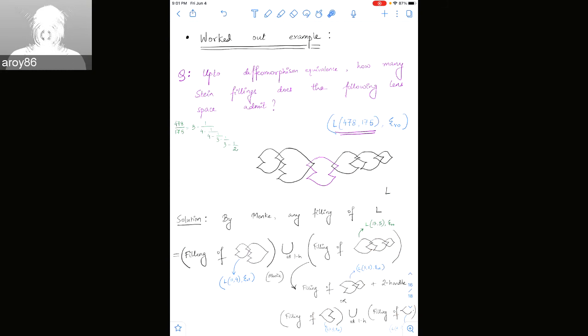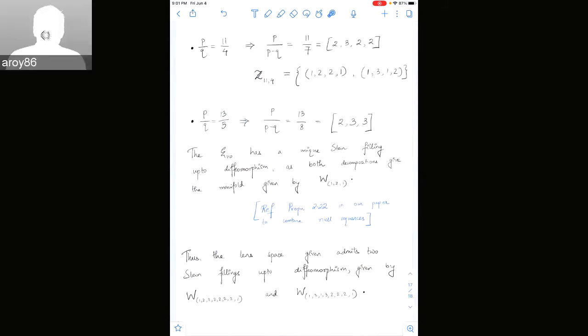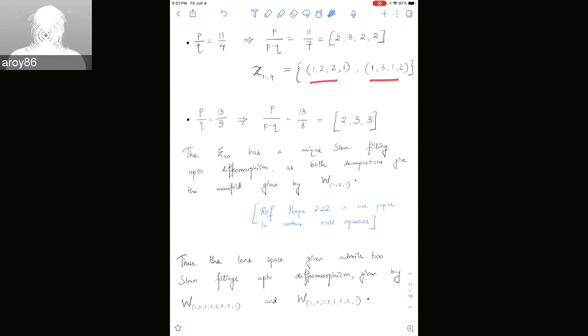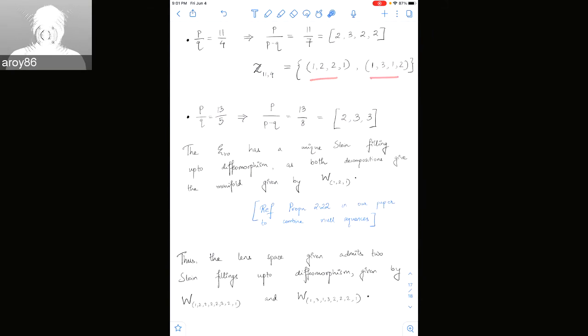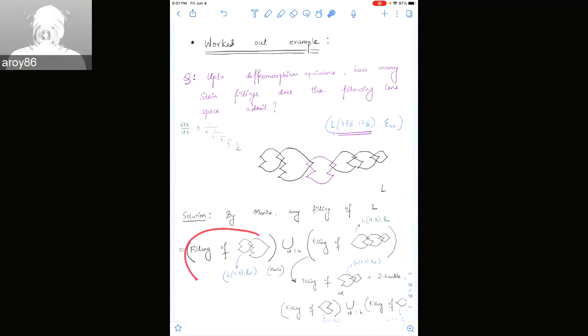A brief description is the following. If you have p over q equals 11 over 4, then the p over p minus q continued fraction expansion is 2322. That has two fillings that can come up. So in this case, this universally tight part can have two fillings.